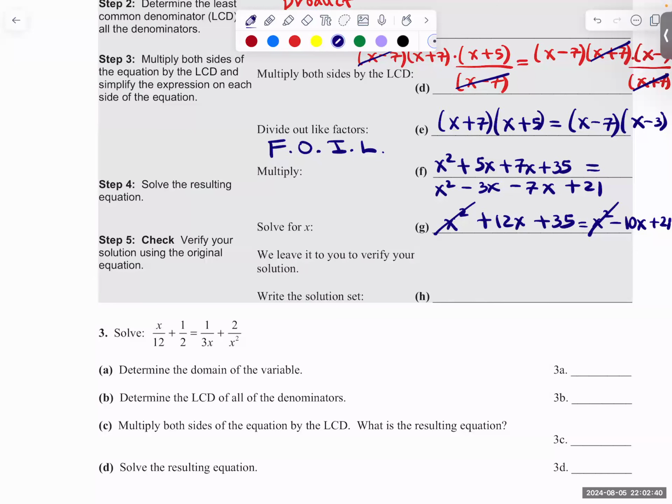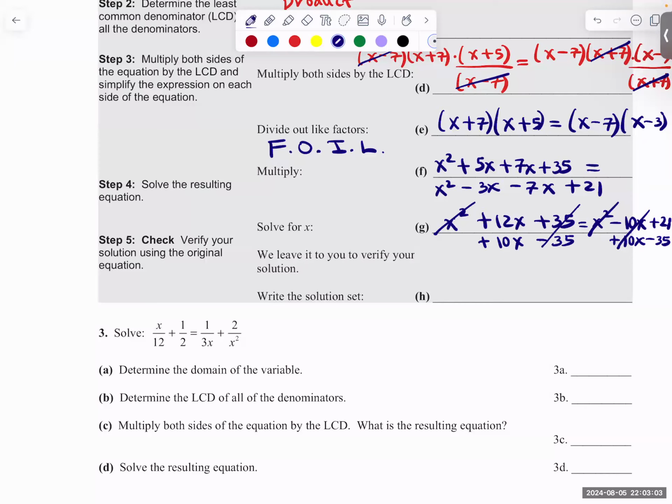Let's add 10x to both sides. So now all the x terms are on the left side. Thus, we need the constants on the right side. So we'll subtract 35 minus 35. Do the canceling.